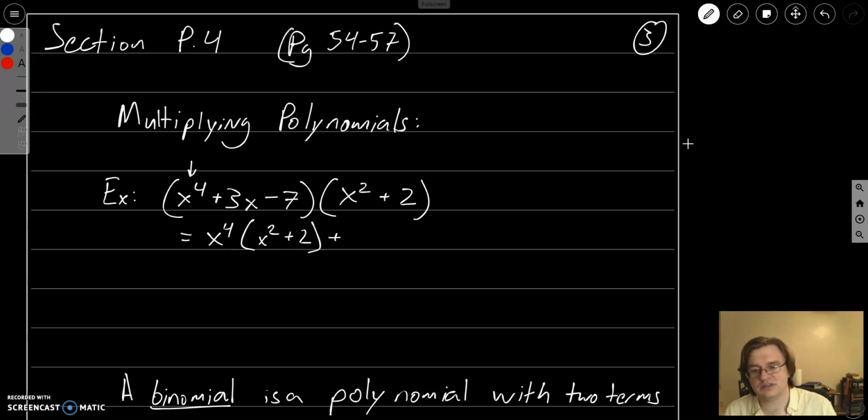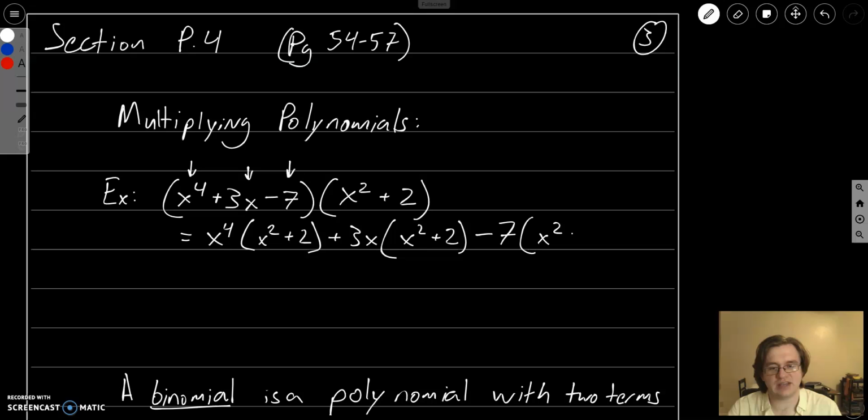So the next term is going to be 3x, and I'll multiply it by the second polynomial. And then I'll take the third term and multiply this by each, remembering that this is going to be a negative 7, so I'm going to subtract 7 times the second polynomial. Again, now we have a little bit more to distribute.